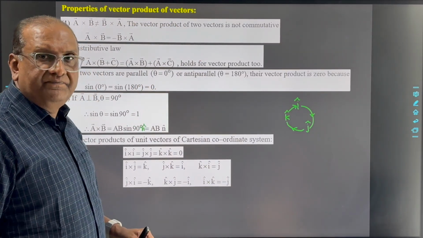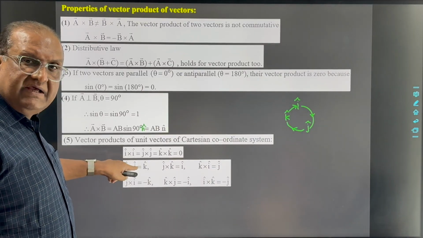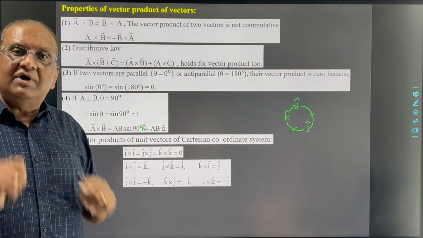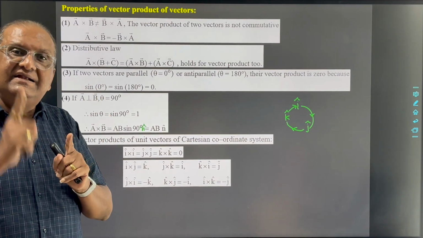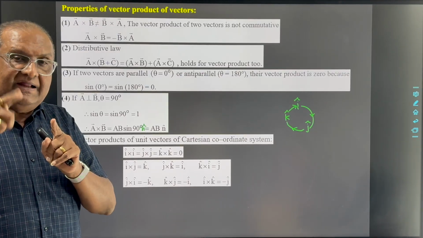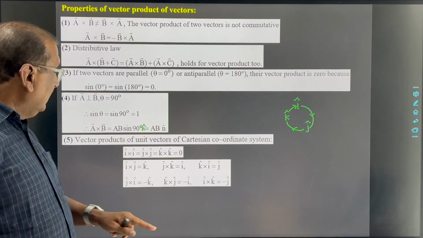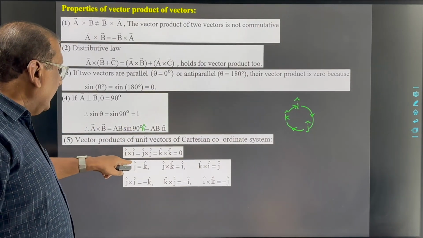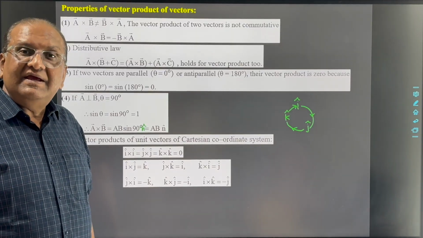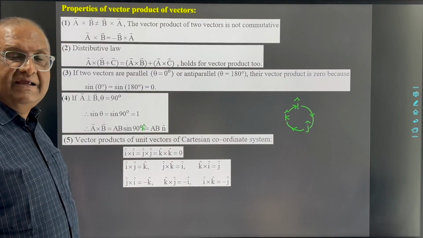Why? Because the magnitude of i caret is 1, the magnitude of j caret is 1, and i caret and j caret are perpendicular to each other, so sine theta is sine 90, which is 1. And in the definition we have n caret, which is perpendicular to both vectors. Here, perpendicular to i caret and j caret is k caret. So here we can write i cross j is k.